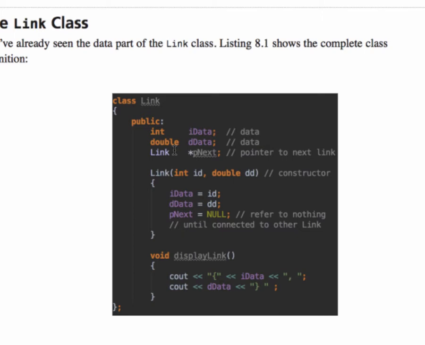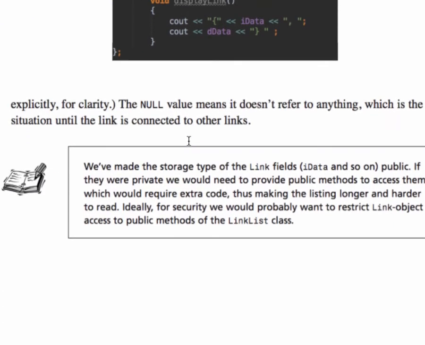If I wanted to change the link of tempLink, I say tempLink.pNext is equal to something else. This is why I don't need dedicated methods to change these variables, which is what we were doing up to this point. It's just to reduce the number of methods and simplify things a little bit. But ideally you should have these as private, and then have public methods that change these variables or properties, just like we've been doing.